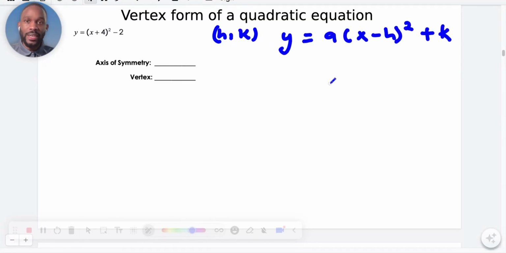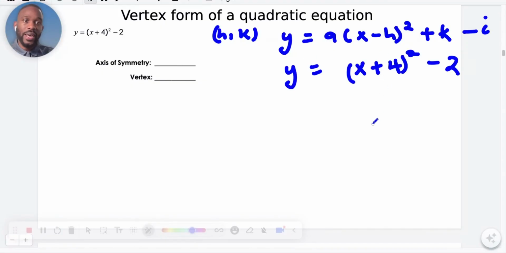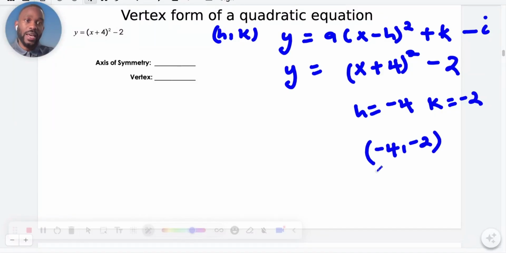So I'm relating these two equations. So the value of h is minus 4 and the value of k is minus 2. So meaning our vertex is minus 4, minus 2. And then remember our axis of symmetry is x is equal to minus 4. So here, this is our axis of symmetry and this is our vertex, right?